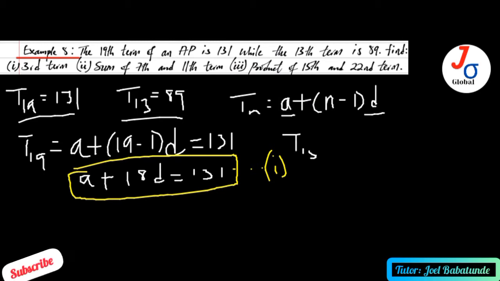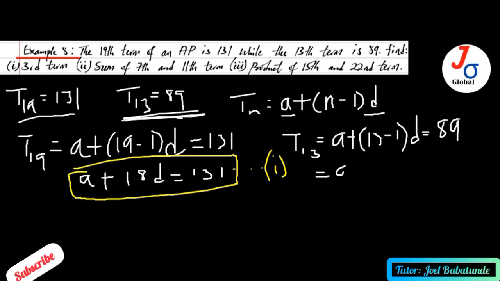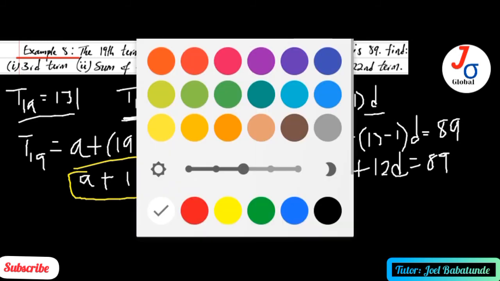Using the same general formula, T13 gives us A plus (13 minus 1)D, and that equals 89. A plus 12D gives us 89. All right, so basically we have another equation.